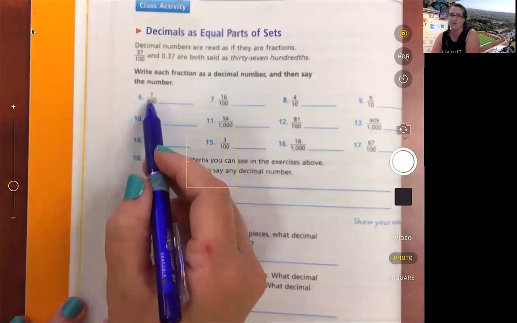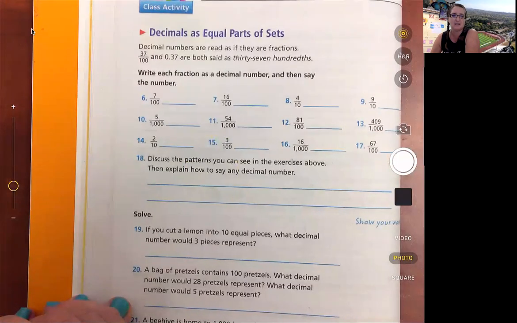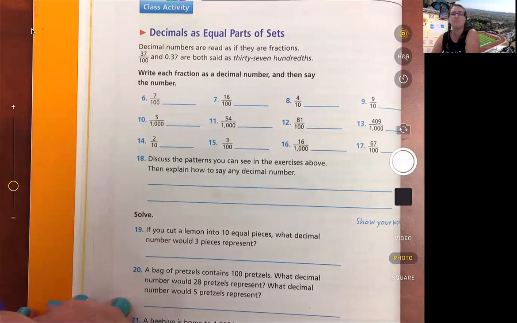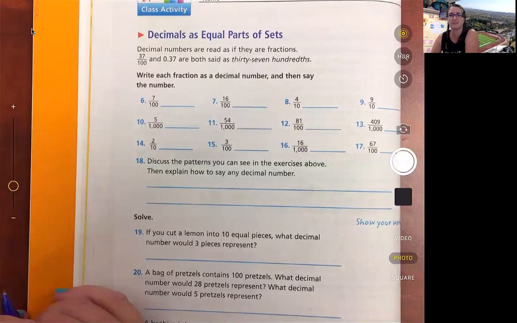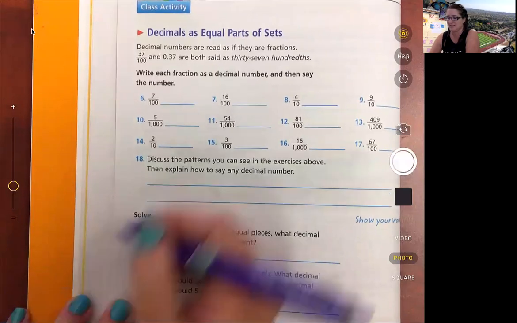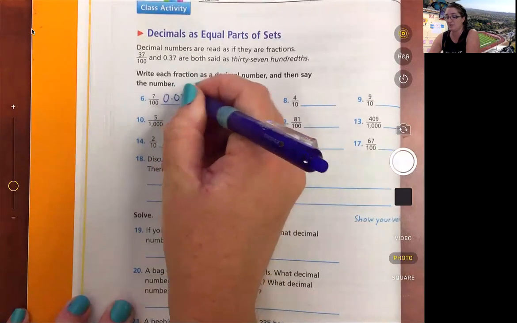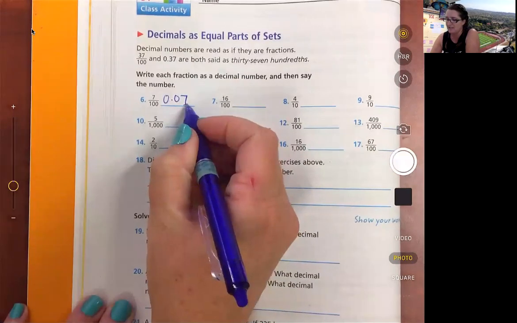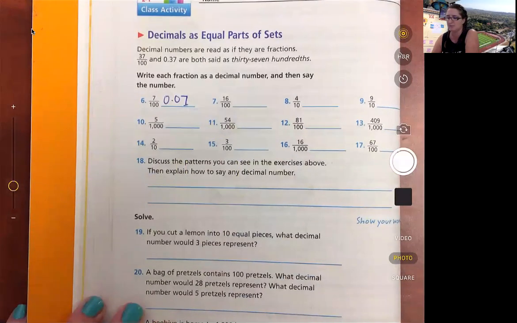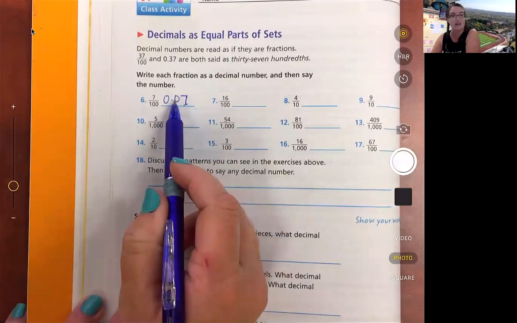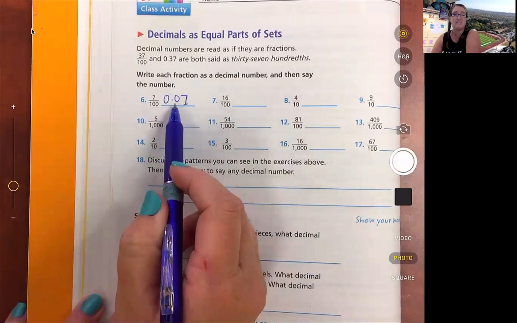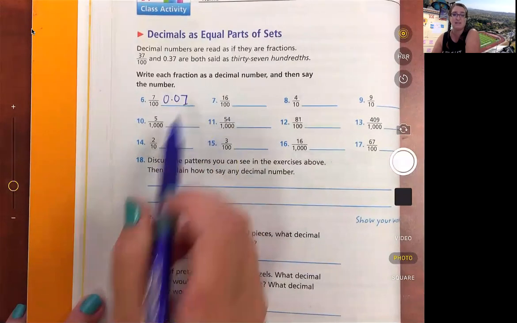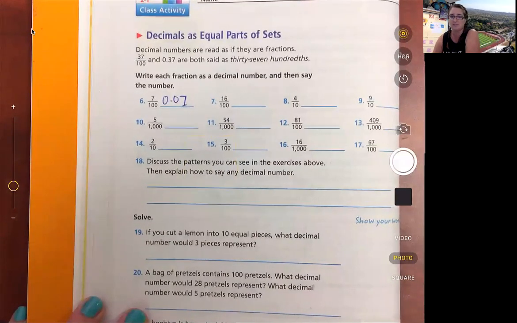Okay, so 7/100 would be 0.07. But how would we say that? 7 hundredths. And notice we want that 7 to be all the way over in that hundredths place.